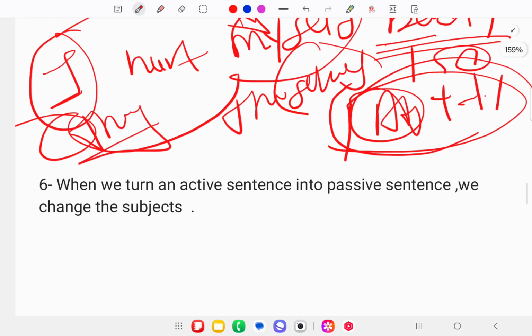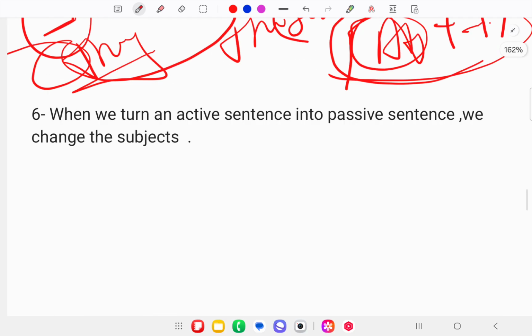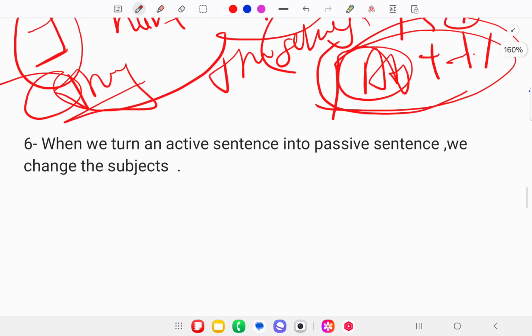Next, and I hope this is the last one: when we turn an active sentence into a passive sentence, we change the subject. If I take an example of the present simple tense, suppose I take the example "I write a letter."